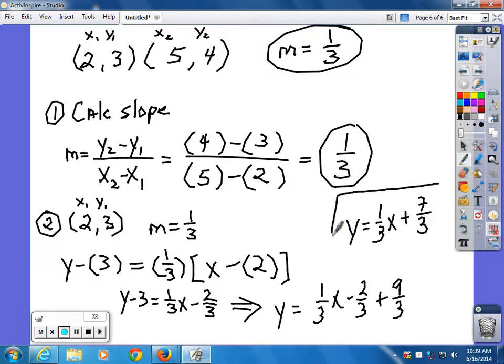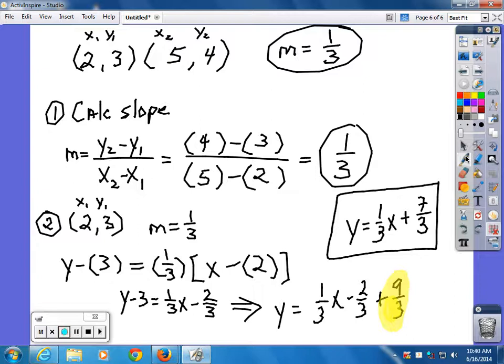Now, whenever I do one of these problems, no matter what math I'm in, no matter what math I'm teaching, I always get, where did 9/3 come from? I don't know. You need to figure it out.